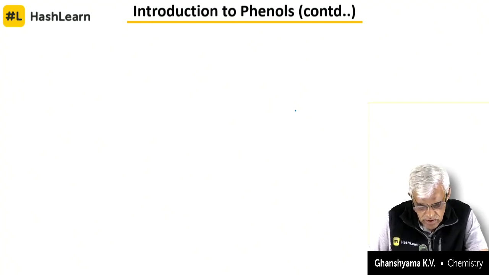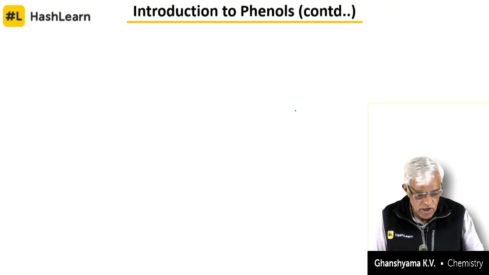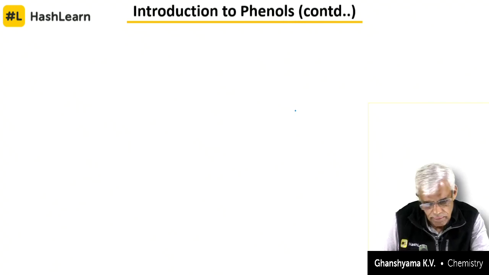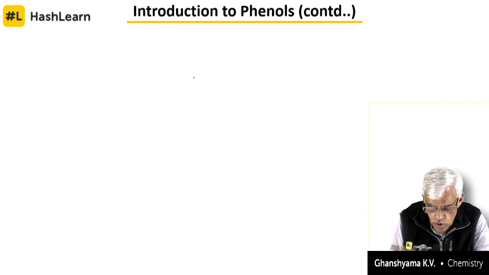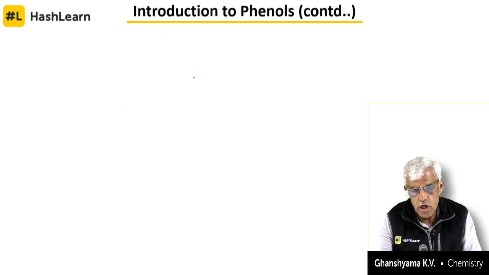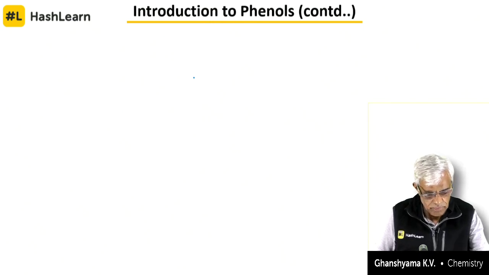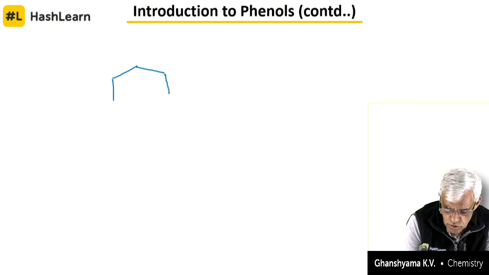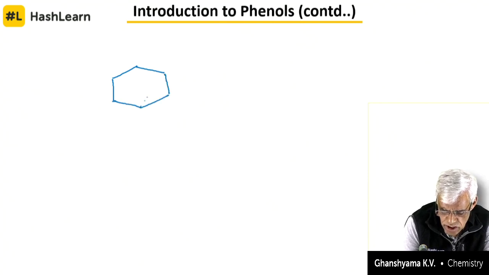Now, in what way phenols are different from alcohols? Phenols are more acidic than alcohols because of the delocalization of pi electrons, resonance.